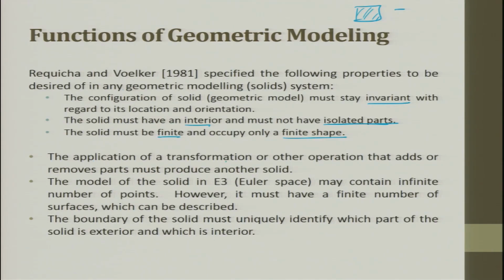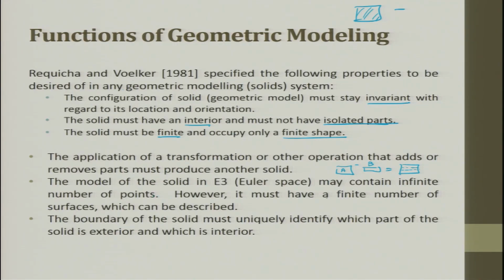The application of transformations or other operations that add or remove parts must produce another solid. If you have a solid like this and a cylinder like this, and you say A minus B, you should get an object with a hole inside. A model of the solid in Euclidean space may contain an infinite number of points.